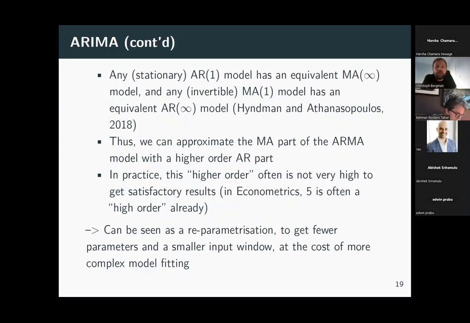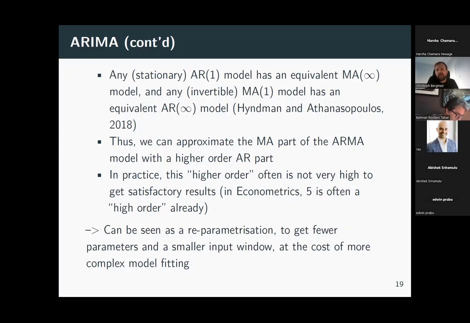Now, one other thing that I think is important to mention is this result that any stationary AR1 model has an equivalent MA infinity model and any invertible MA1 model has an equivalent AR infinity model. So that means you can actually approximate this MA part in the ARMA model with a higher order AR part.